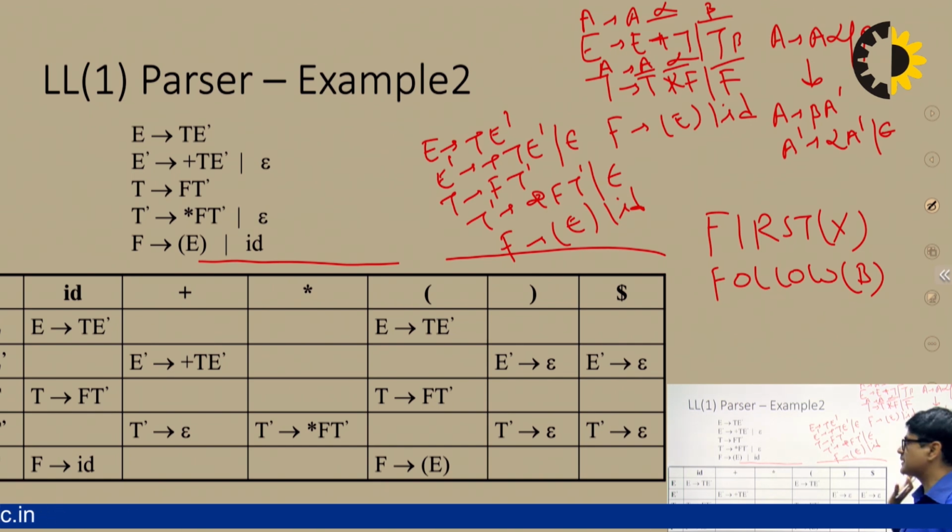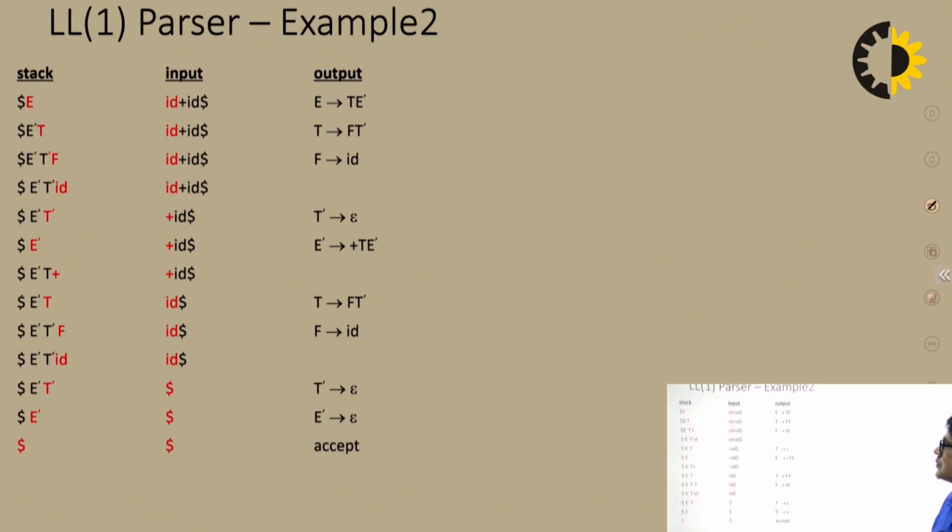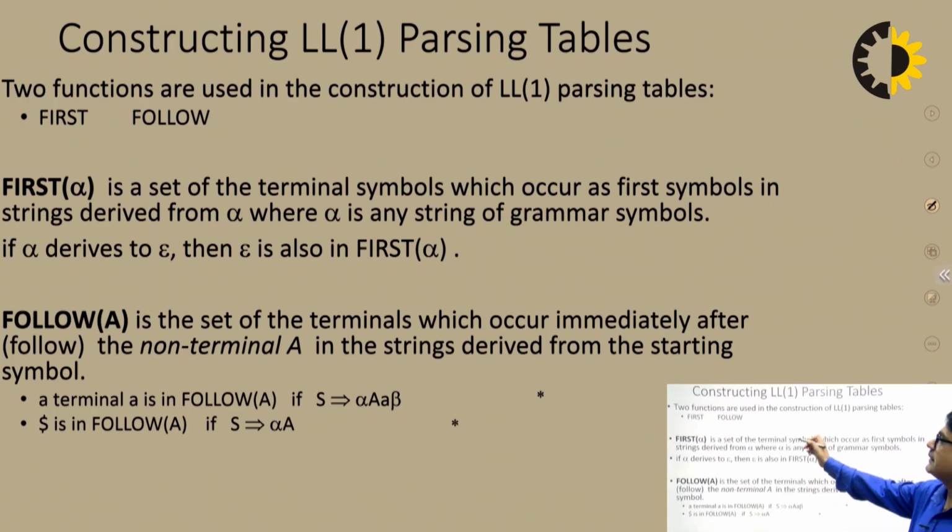And follow is basically, so these two functions are derived for generating this table. So this is basically the process given for how you can implement the grammar, but we are finding the first, then follow. So what are the rules for first and follow for generating the parsing table?